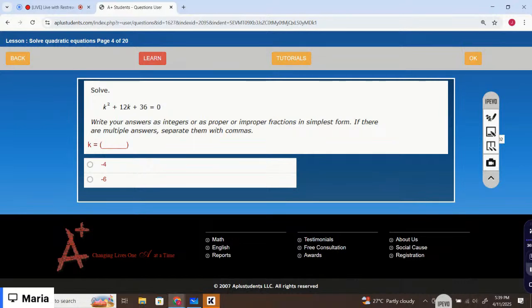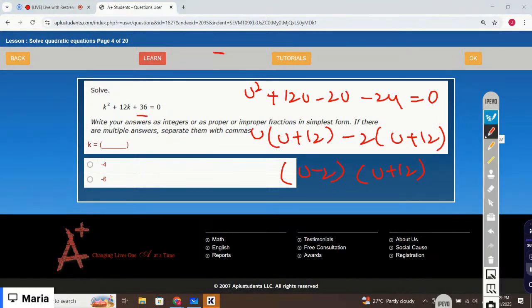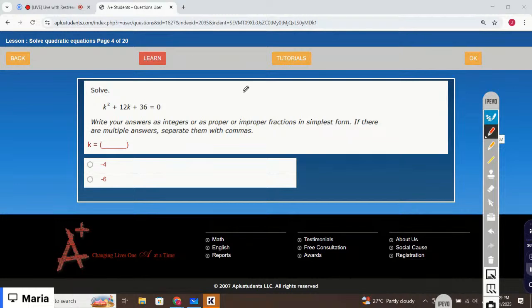k squared plus 12k plus 36. Now we need to find two numbers that when multiplied make 36 and when added make 12. 6 times 6.